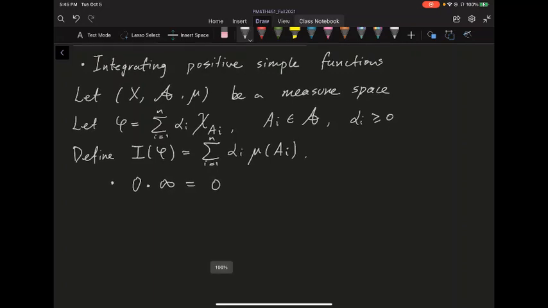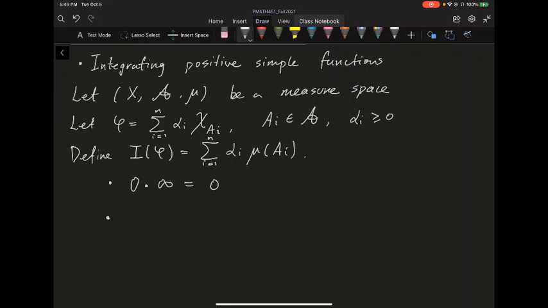And sometimes we want to have some function that has value infinity on some measure 0 set. In the Lebesgue integral, measure 0 sets don't really matter, so it's infinity or any finite number shouldn't matter. So let's define infinity multiplied by 0 is also 0. The way I define simple function, these alpha_i are never infinity, so you won't run into this problem, but let's just make this convention for now.